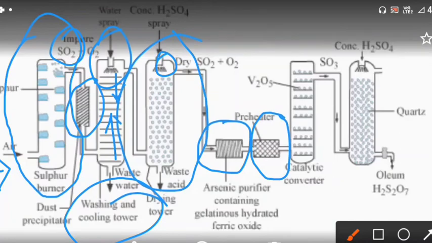The hot sulfur dioxide gas is then passed through the catalytic converter. Here vanadium pentoxide catalyst is present. The dry pure sulfur dioxide, when passed through this vanadium pentoxide catalyst, gets oxidized to sulfur trioxide gas.